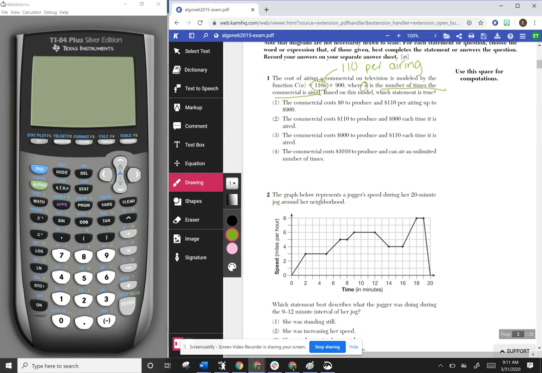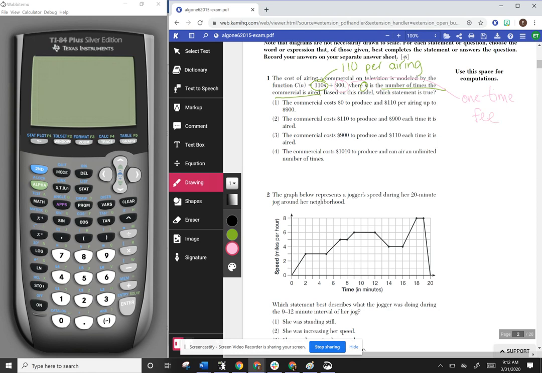There we go, right? And we know that $900 is a one-time fee because there is no variable with it.